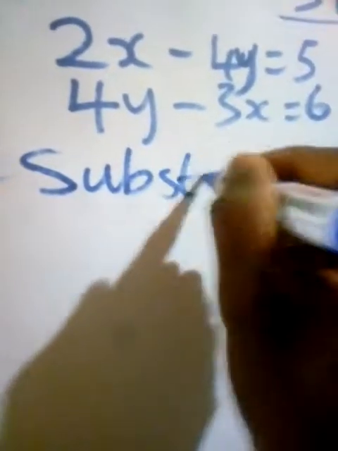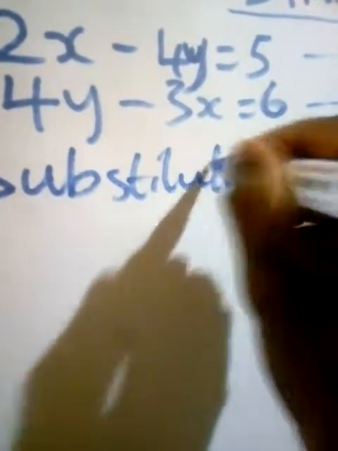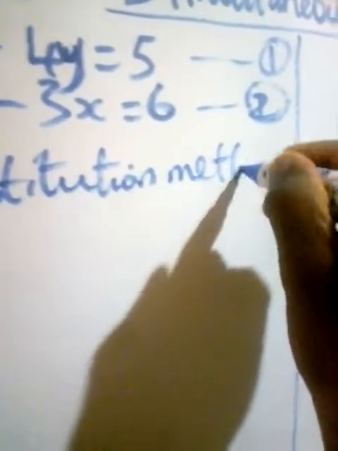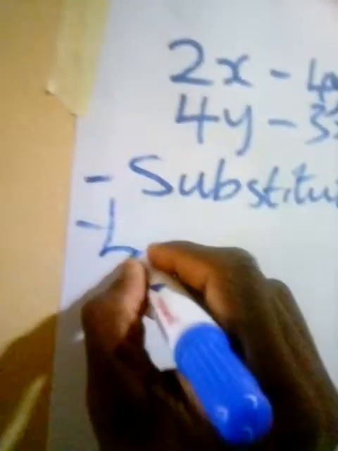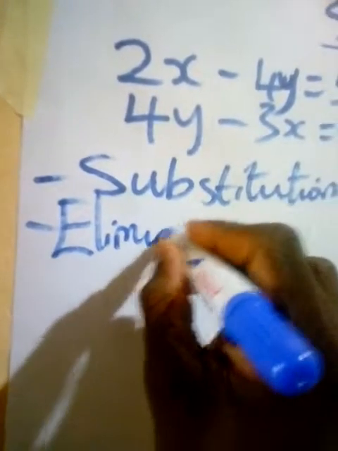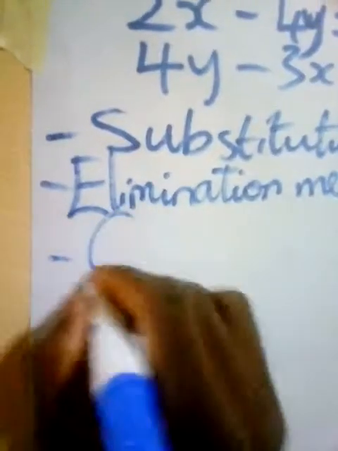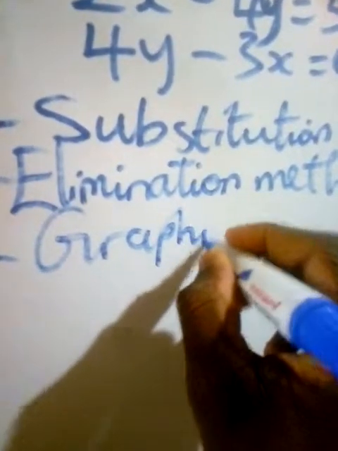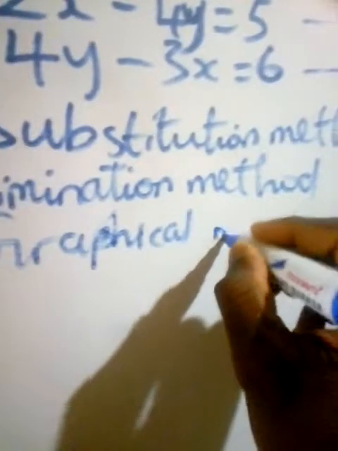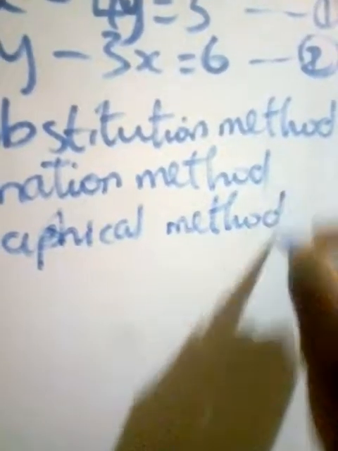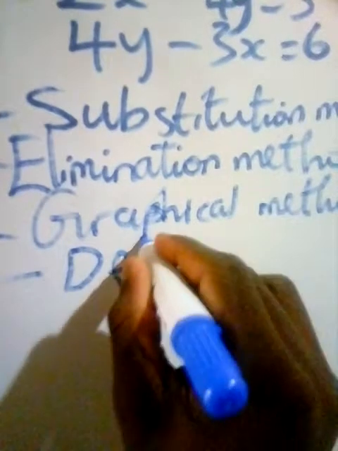Now, there are different ways of solving simultaneous equations. The various ways are the substitution method, the elimination method, the graphical method, and the determinant method.